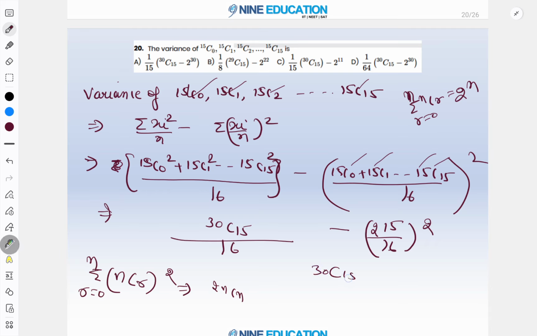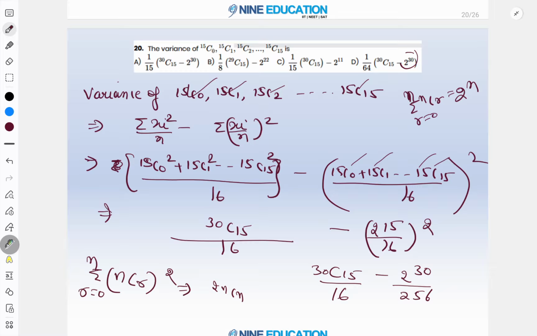Let's take something common if we can. So this is 30C15 by 16 minus 2 power 30 by 16 square. 16 square makes it 256. Here it should be 2 power 29 rather than this, then this option will be correct.